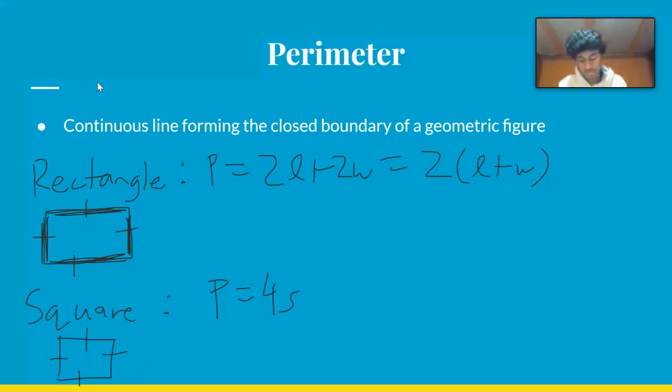So for a square with side length S, we just add S 4 times, which gives us 4 times S, which is where this formula comes from. This formula and the rectangle formula are important to know for the SAT. Instead of drawing out a rectangle each time trying to add the side lengths, just knowing this formula will save you some time.